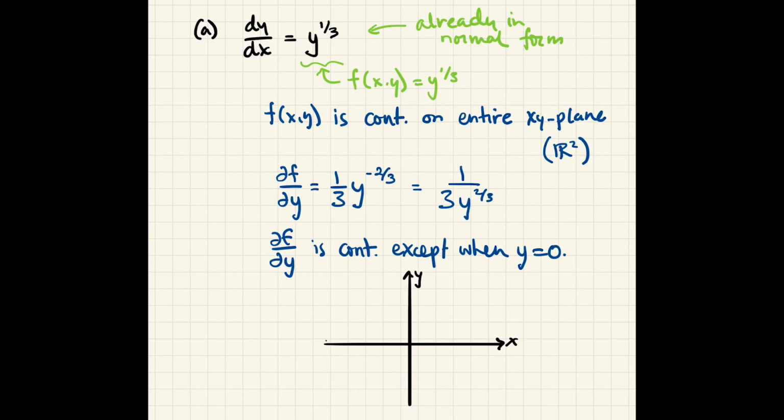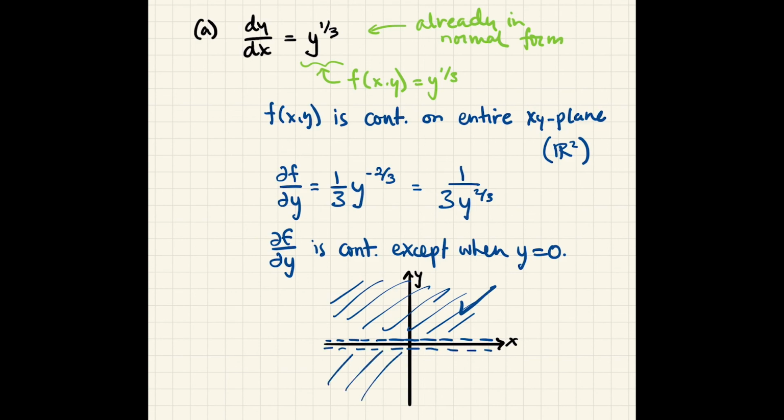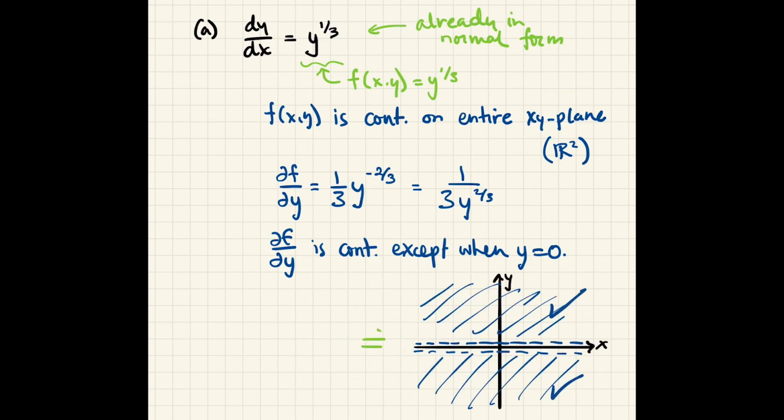So that means that we're okay up here, and we're okay down there. So how would we describe this? Well, why don't we just say half planes defined by either y is less than 0 or y is greater than 0.